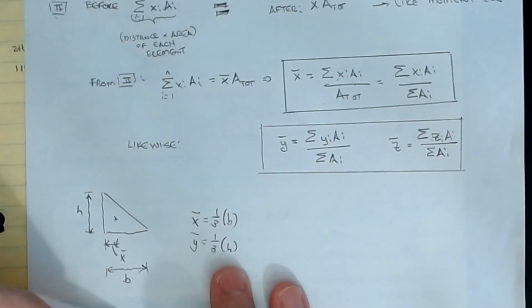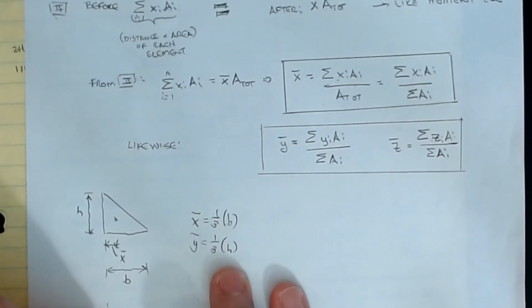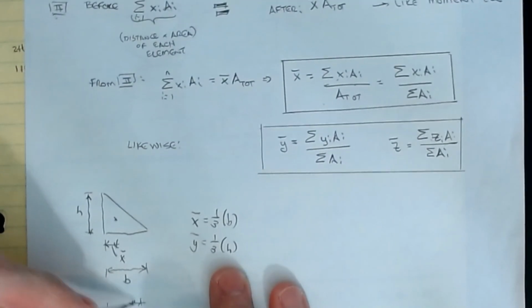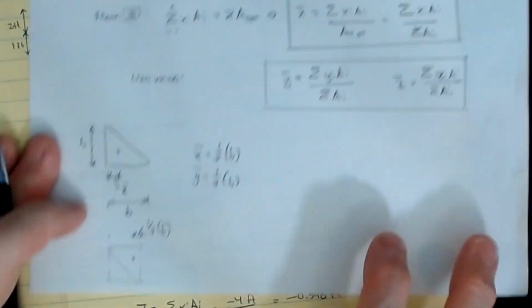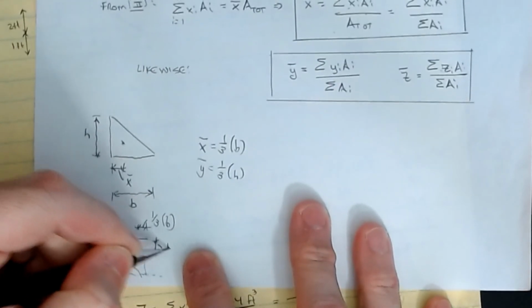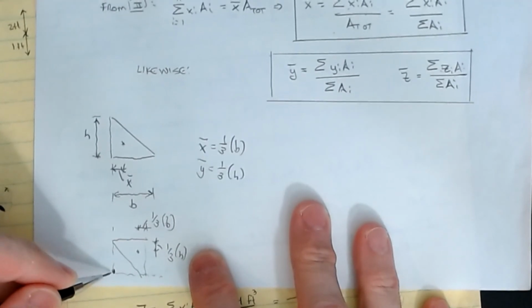If I do it from here on this shape, the centroid is now here. Here's the 1/3. It's 1/3 from the high end, and likewise from here, that would be 1/3 of the height. But then you notice that my reference point is down here.